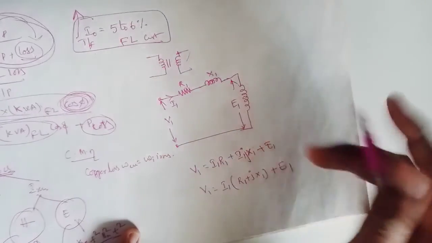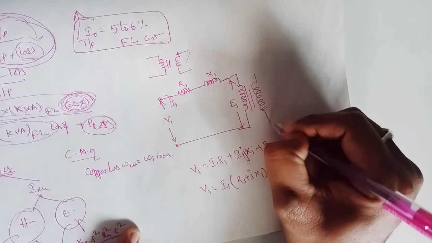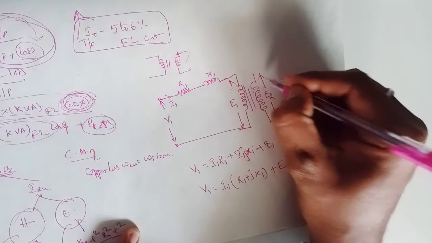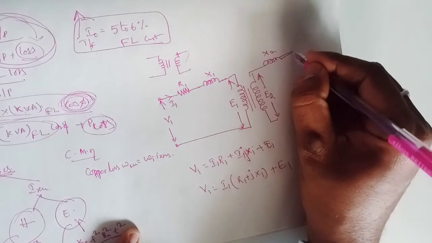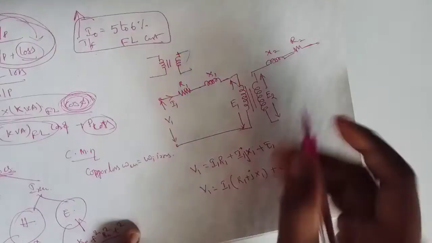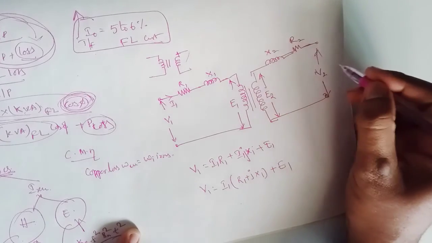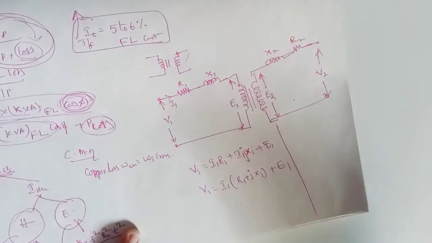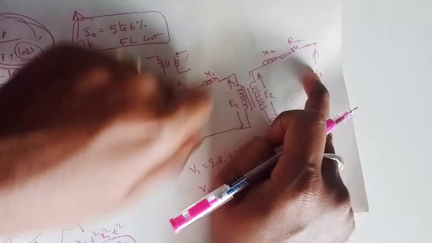In a similar manner, on the secondary winding, the EMF induced in the secondary is E2, with X2 and R2, and this is the terminal voltage V2.